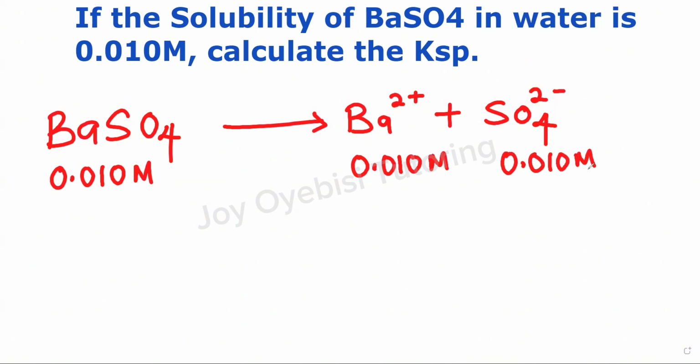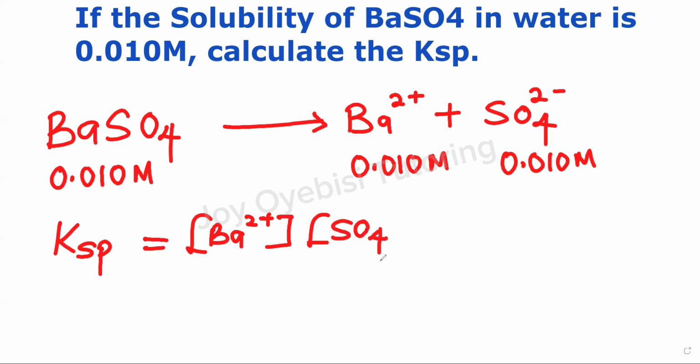Now we figured out the solubility of the ions, we're going to write out the Ksp expression. So our Ksp will be equal to Ba2+ concentration times SO4 2- concentration.